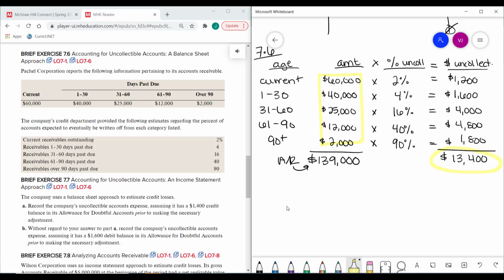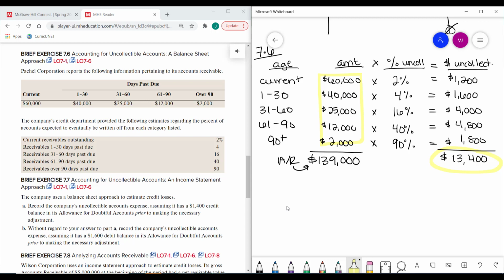So although no portion of these has yet been written off, we estimate that a portion of each of these will be written off in the future. So we're estimating how much will be written off so we can record that expense now. Although we haven't written anything off, when did these receivables originate? They originated this year.